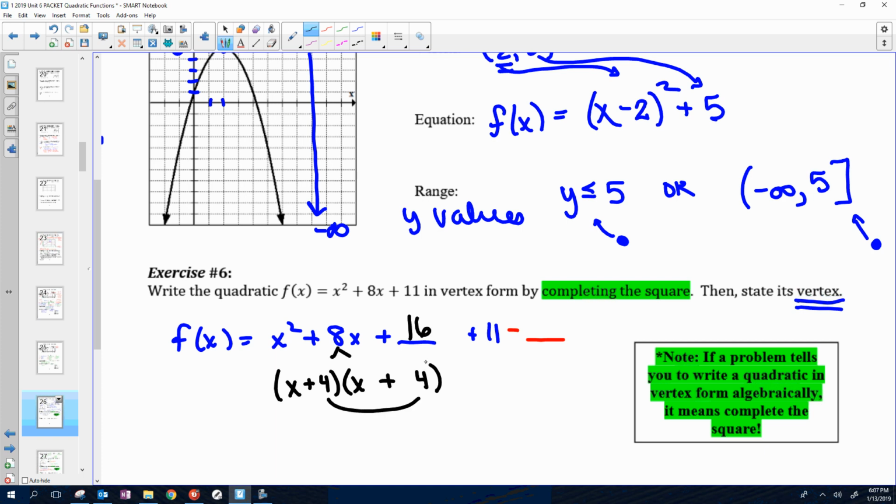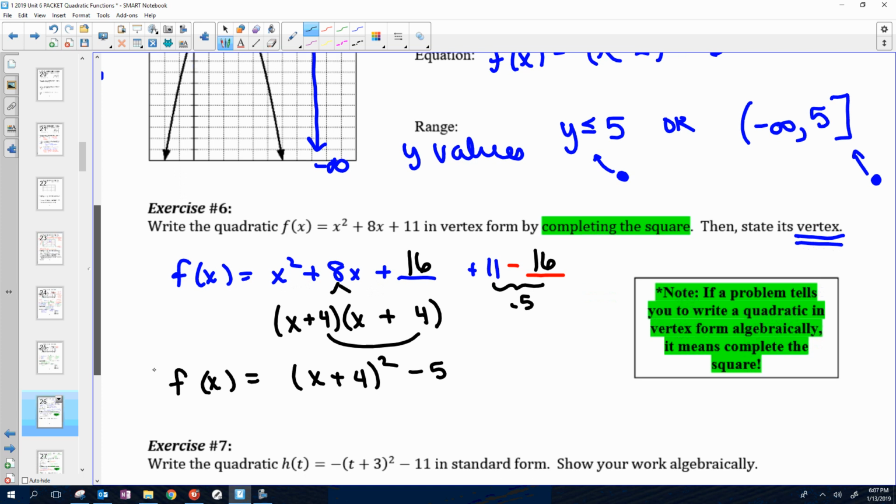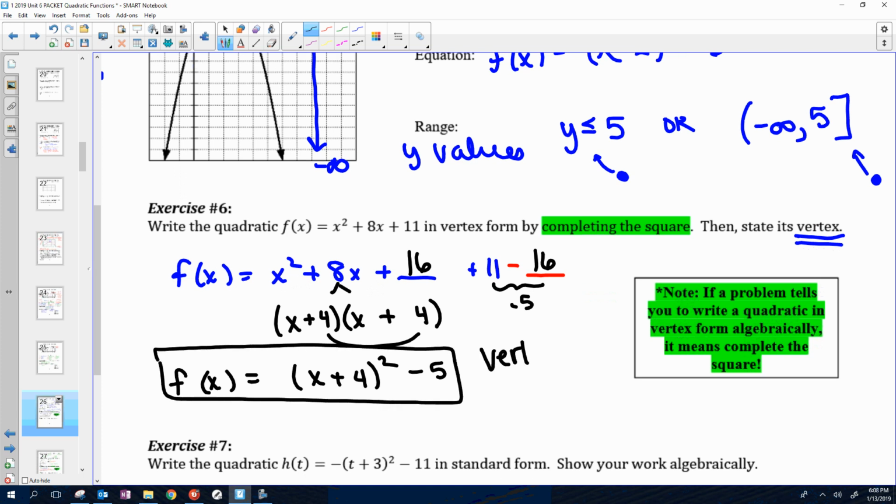I multiplied 4 times 4 and got my 16, taking a 16 away. So I have f of x equals x plus 4 squared minus 5, because this is -5. That's the equation, and it said, tell me what the vertex is. So the vertex will be, change the sign on the 4, and -5.